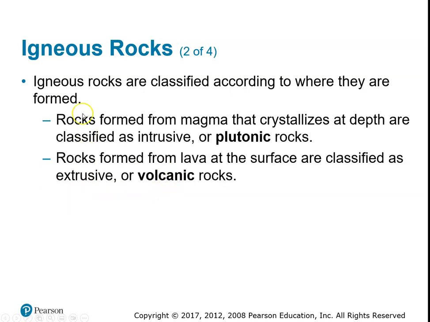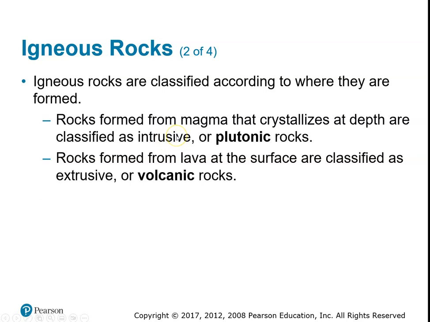All right. So anyhow, igneous rocks are classified according to where they come from. When I mentioned this before, there are plutonic rocks, where the rock crystallization took place underneath the ground, and that's intrusive.